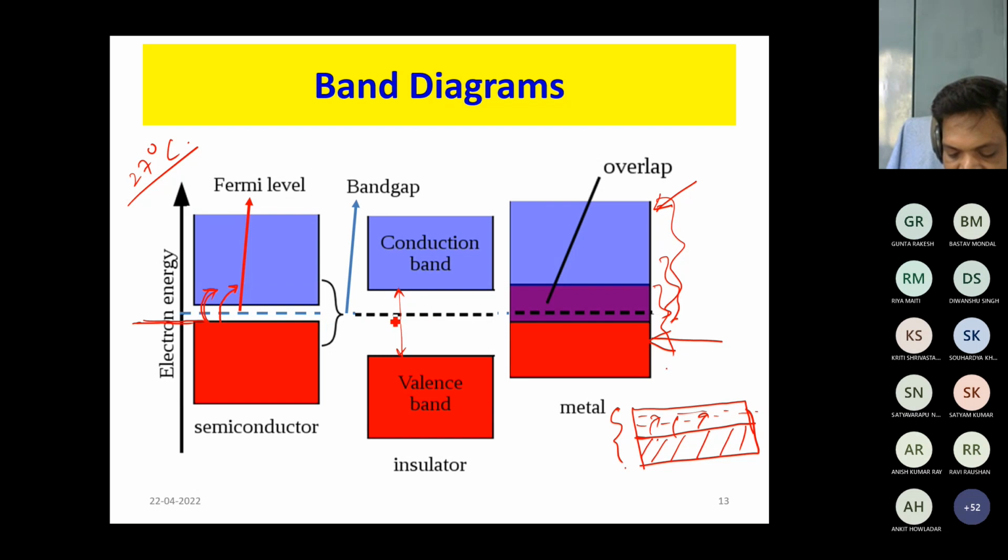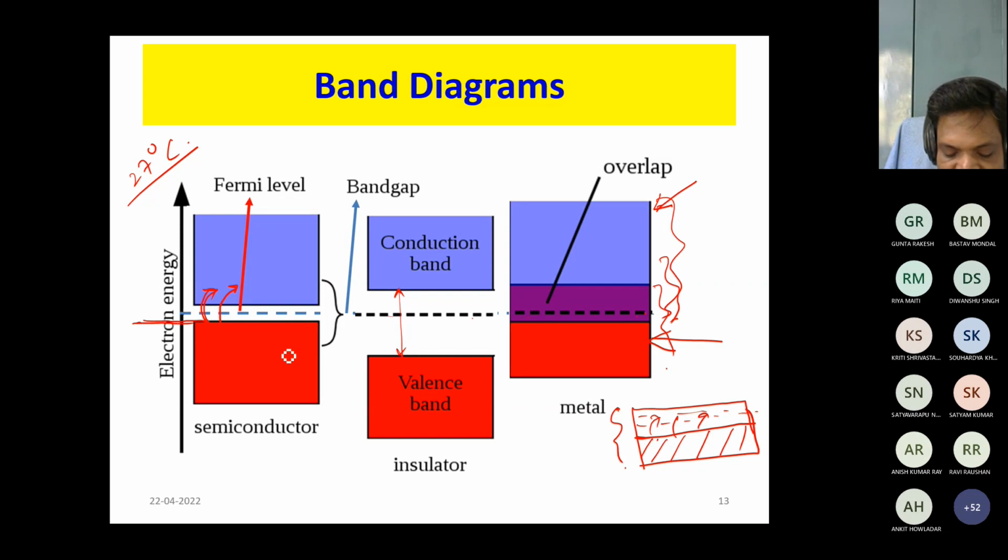This is the Fermi energy state here. For a metal, it is within the allowable energy states, whereas for an insulator and semiconductor, it lies at the center of the forbidden gap. Now we defined the Fermi energy level as the energy at which the probability of occupancy of an electron is half.